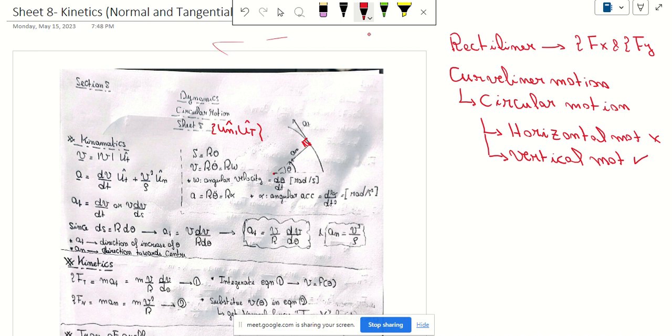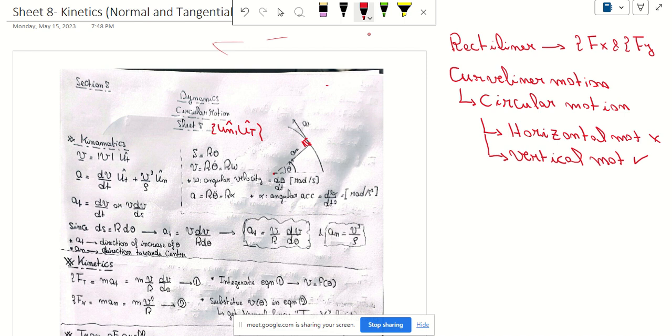Let us have a quick review of the kinematics. During the normal-tangential motion, we always have a movable axis.